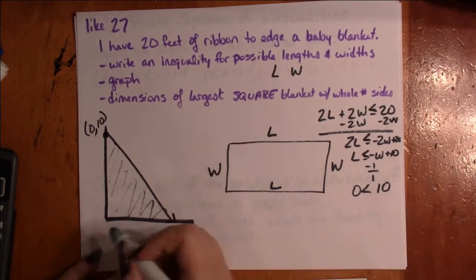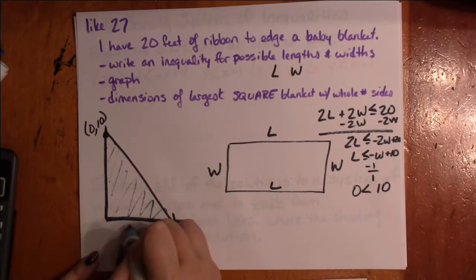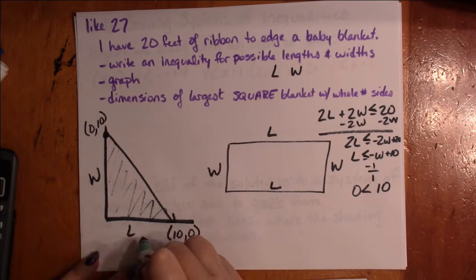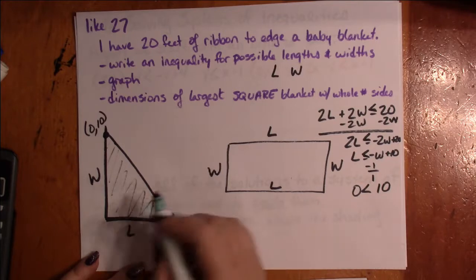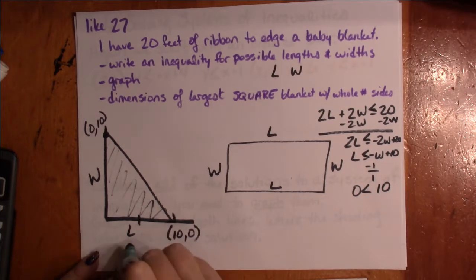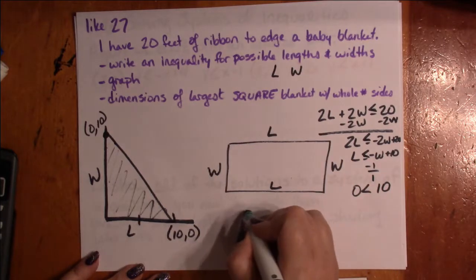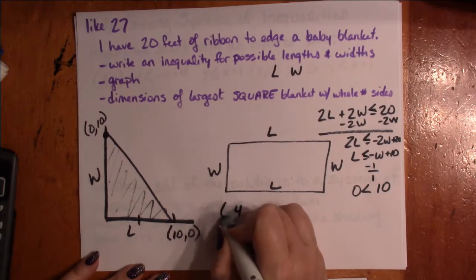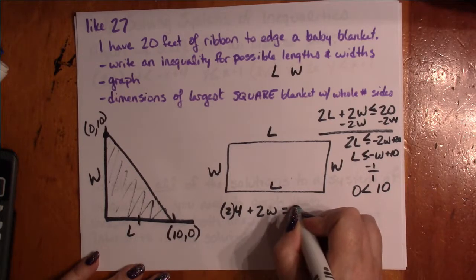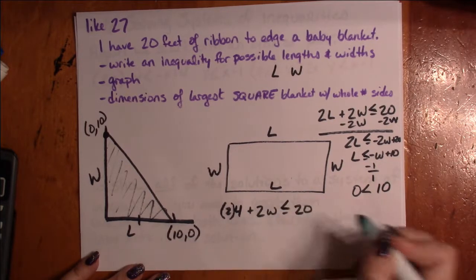Now, we're going to solve for one of them. If this is length and this is width, or vice versa, doesn't matter. What are the possible dimensions that we have? Well, let's say we picked 4. What if the length was 4? If we said 2 times 4 plus 2W equals 20, or is smaller than.